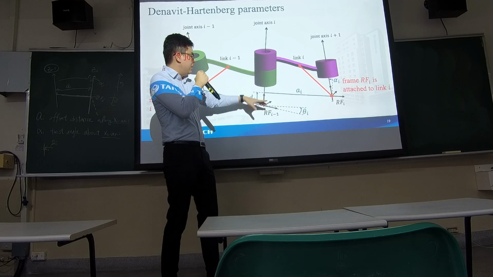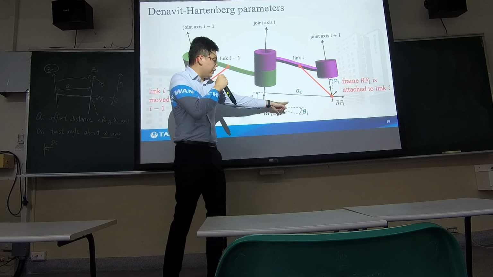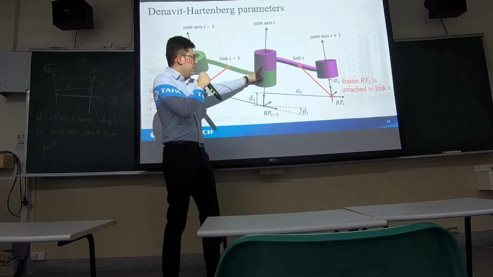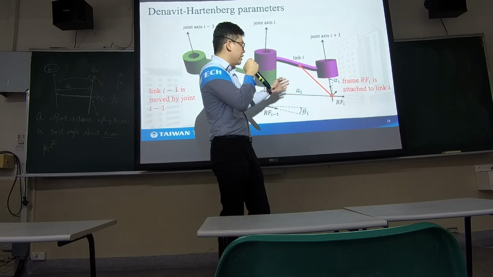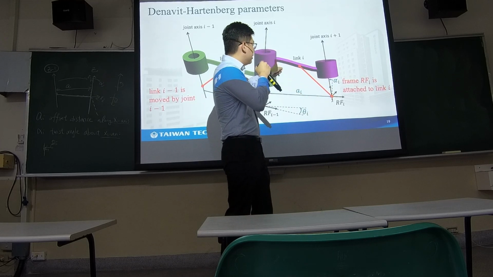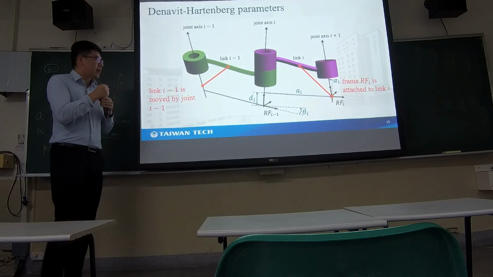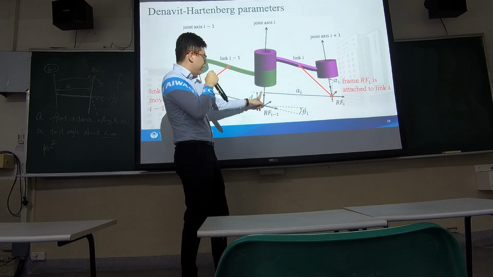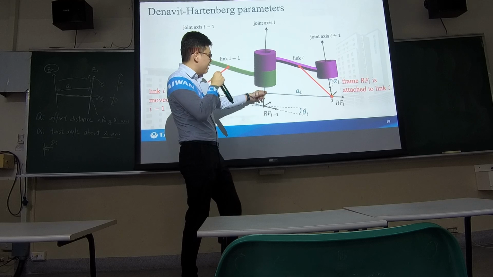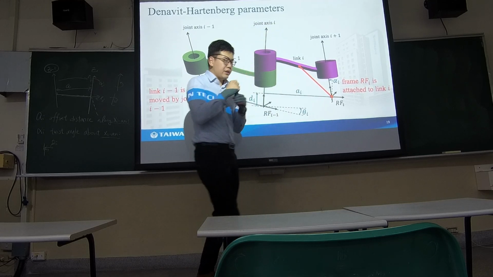They describe the translation and rotation of this joint, and a and alpha are parameters to describe the link i, this link. So this one is in the direction of the z axis, and alpha and a are in the direction of the x axis.